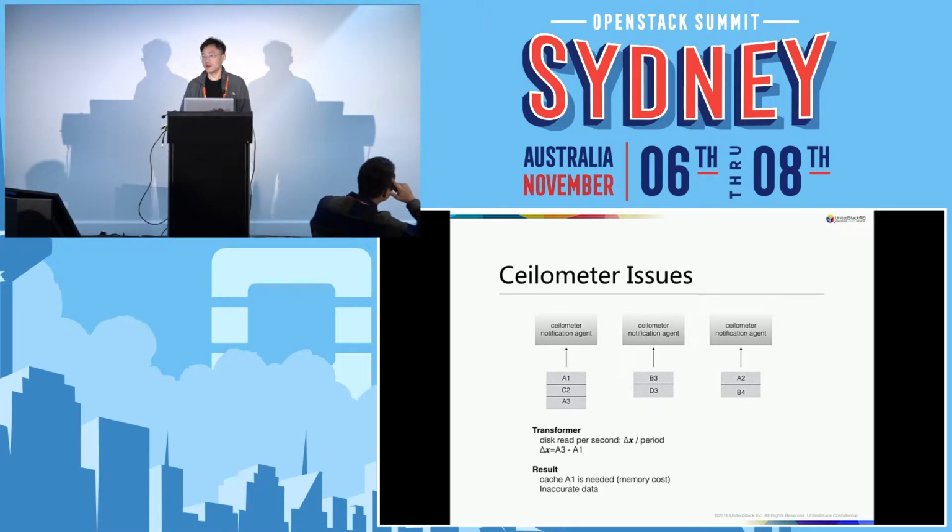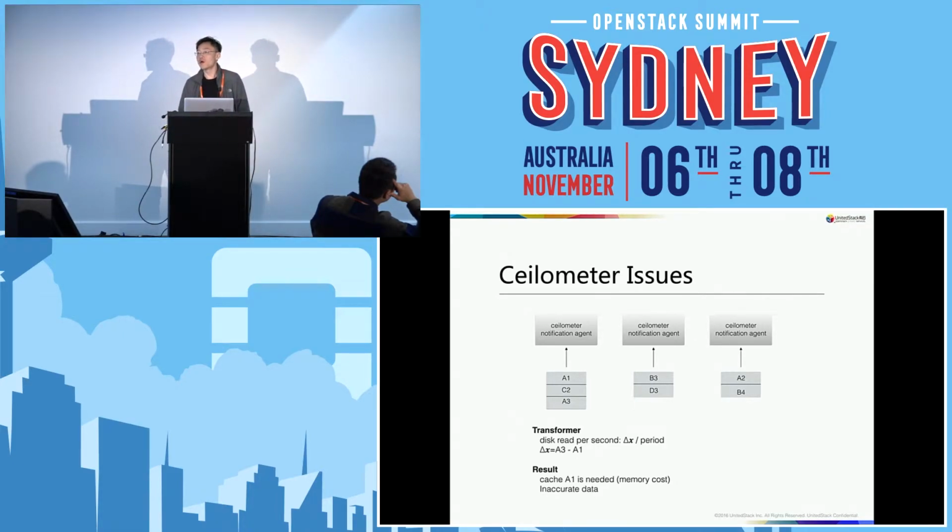However, the real previous data is maybe A2, but A2 goes to another notification engine, right? So it just got A3 here, and this may cause inaccurate calculations. Also, you can find that A1 is cached here, and A2 is cached in the third notification engine.